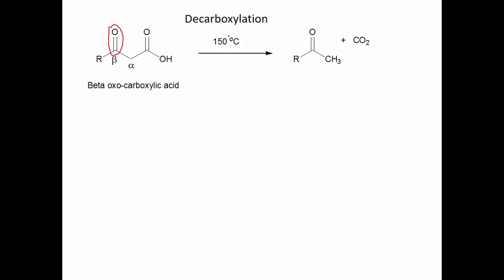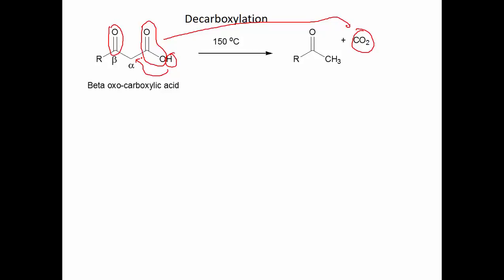Heating this to a temperature usually 120 degrees or higher, I just arbitrarily say 150 degrees, actually ejects carbon dioxide from the molecule. So carbon dioxide is produced from these two, and the net result is that this hydrogen ends up over there. But let's look at how that process happens.